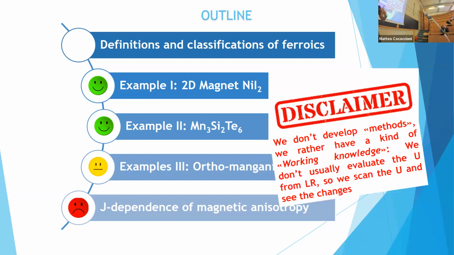I have a kind of working knowledge of DFT+U, although usually we don't evaluate the U from ESPRESSO. What we do is like a poor man's approximation: we scan some U values and check whether the properties we're interested in change or not.